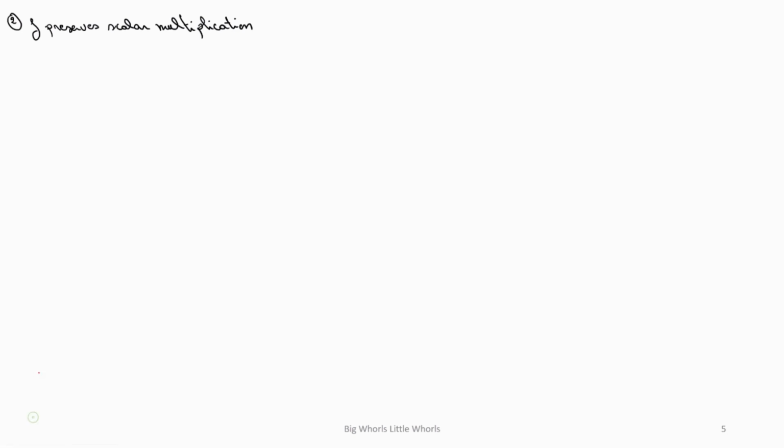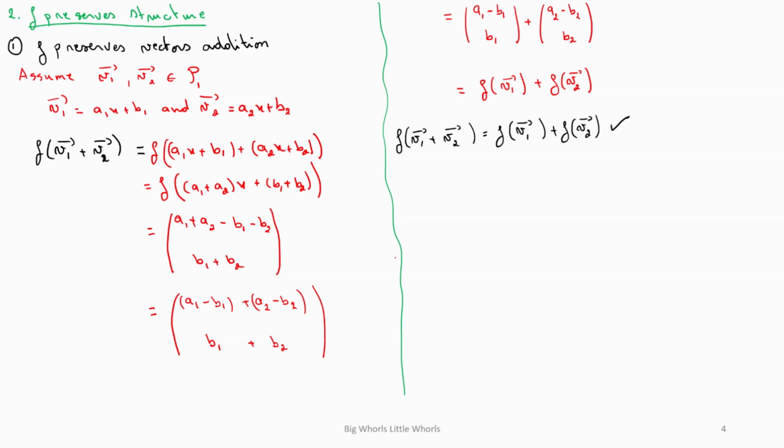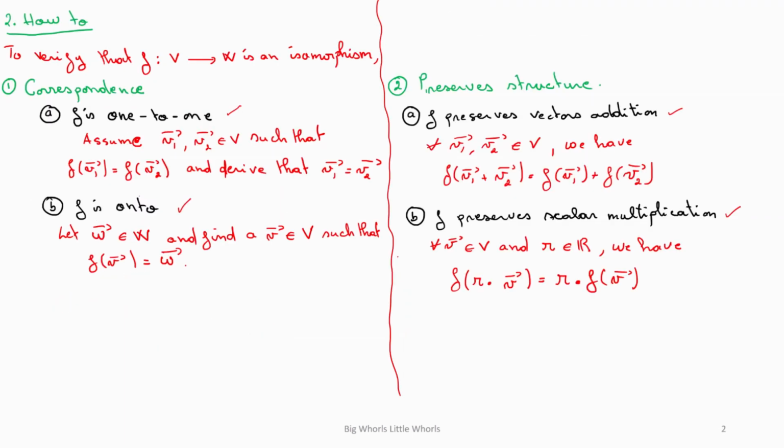So let's have a look at the how-to again. The first step is to prove correspondence. We have proved that f is one-to-one, f is onto. We have also proved that f preserves vector addition. Now we need to prove that f preserves scalar multiplication.